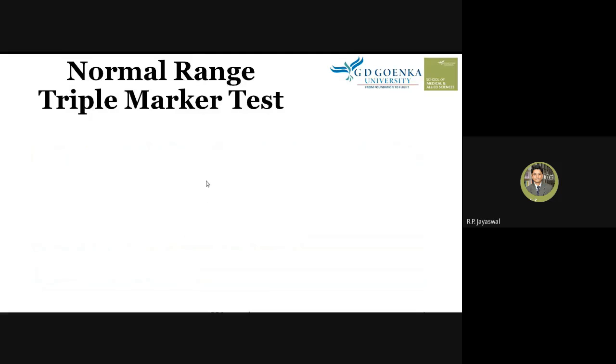What is the normal range of the triple marker test? In the triple test, there are three common markers. These days, we usually perform the quadruple test instead of the triple test, because triple means three. So there are three combination of tests done. There are three biochemical markers we consider and estimate in our sample.